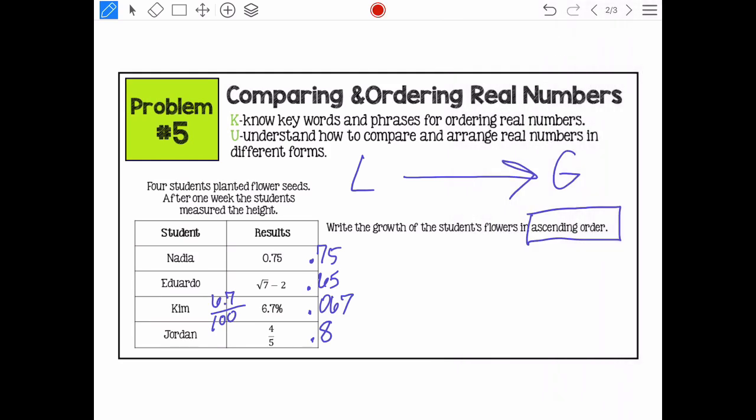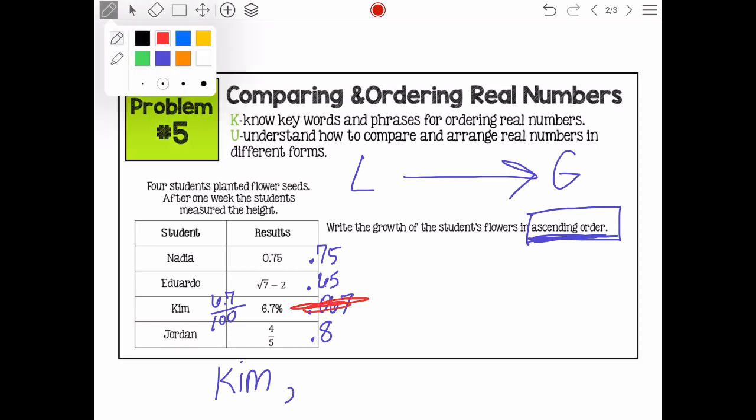All right, so I'm done with my calculator. And again, go back and make sure you're going to put them in the right order. We want ascending. Okay, so that means least to greatest. The smallest one is pretty obvious, 6 7/10%, which is Kim. So Kim is going to be first in our order. Okay, I'm going to mark through that one.